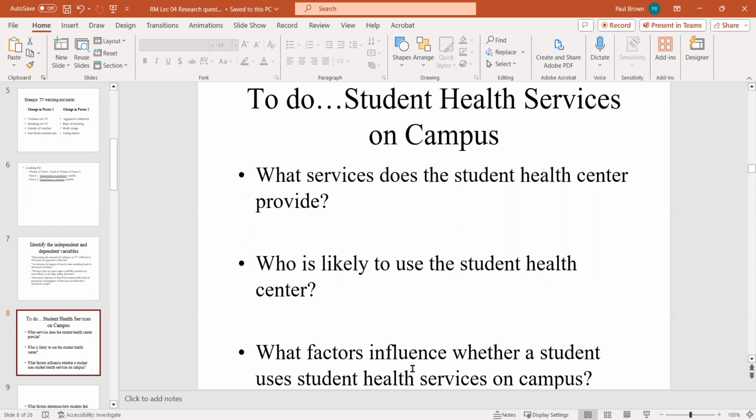Is this independent or dependent? In this relationship, it's a dependent variable. And then you have time for these things: wait time, cost, distance, and other options.